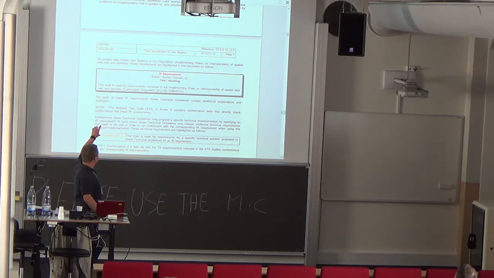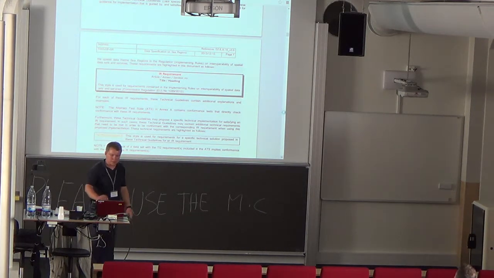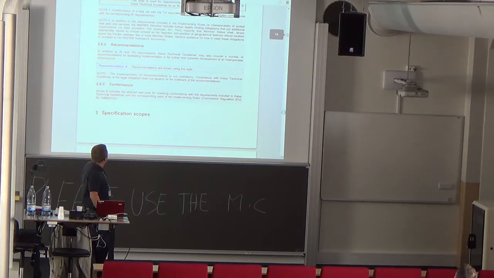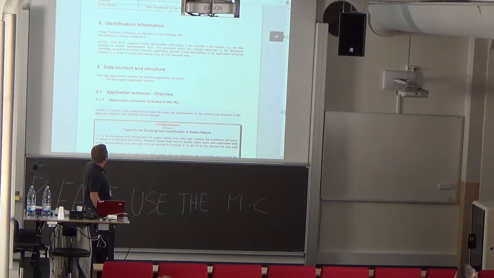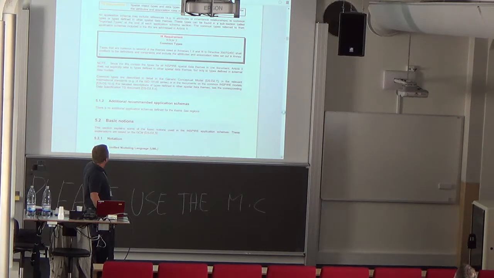Then I also showed you how you should read these requirements. So there are different types of requirements coming from implementing rules and coming from technical guidelines or data specifications, and recommendations. Then we have this data content and structure. This is what is important.